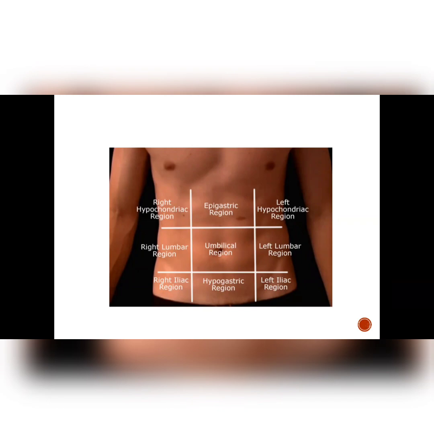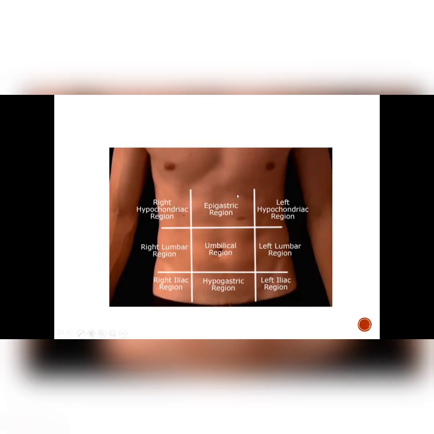The word epi means superior to. Whereas below the umbilical region, the part of the anterior abdominal wall which is inferior to the position of the stomach is called the hypogastric region.